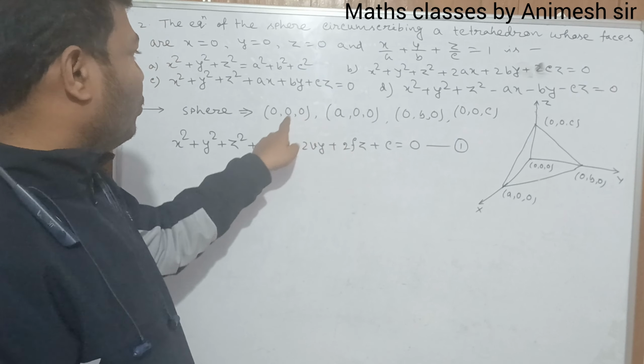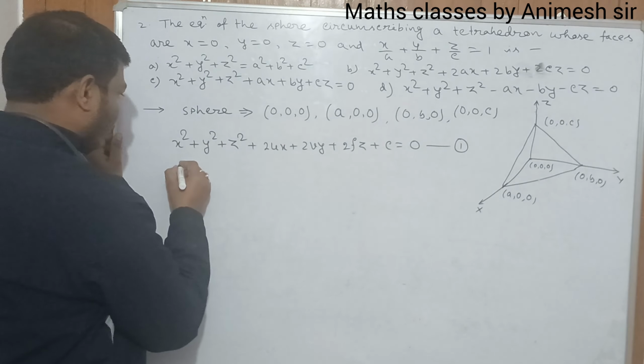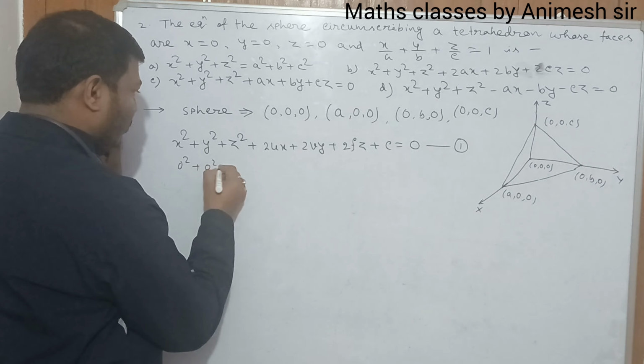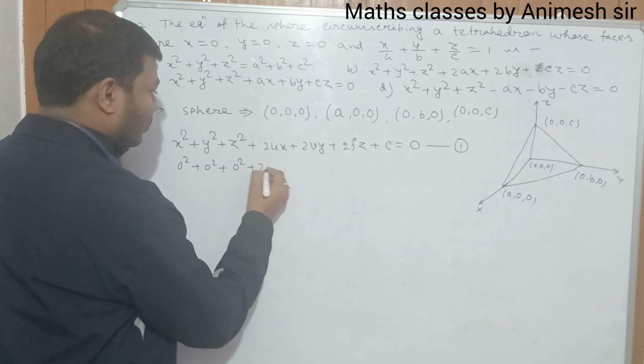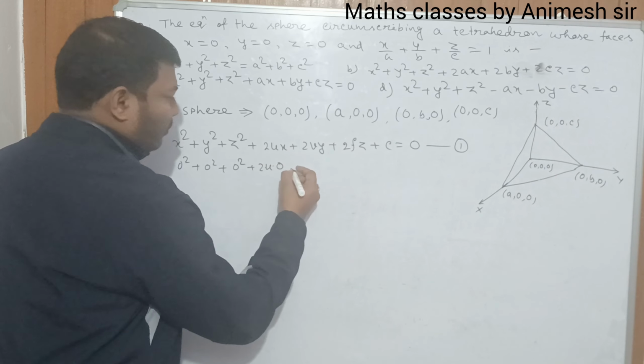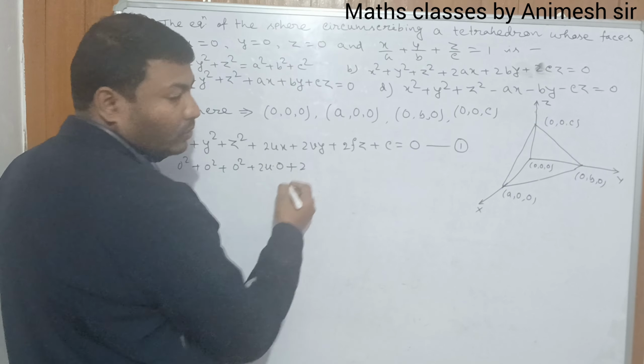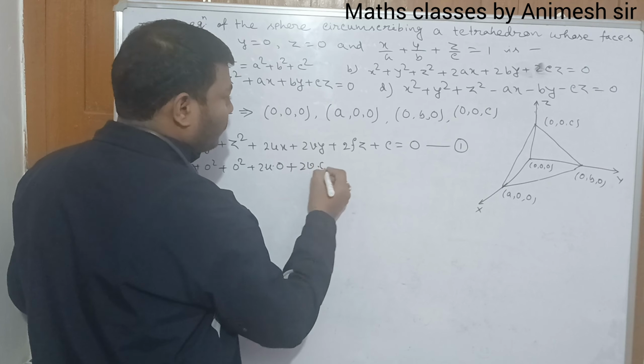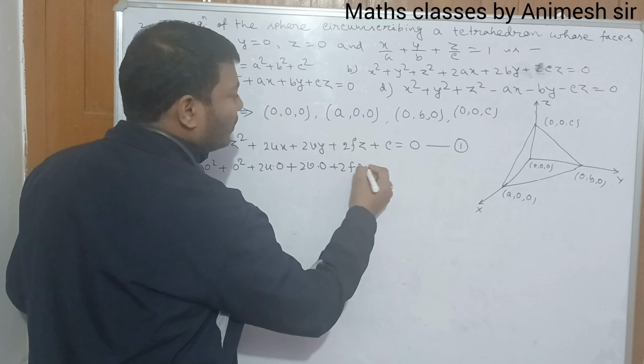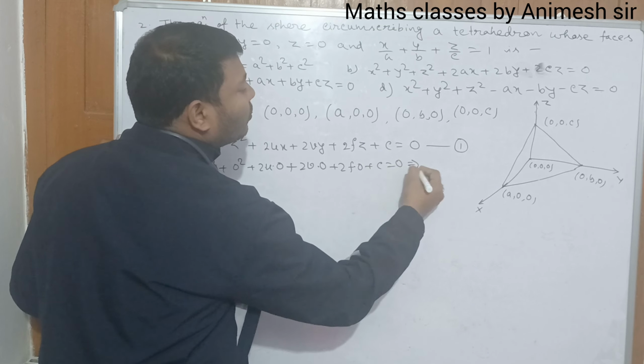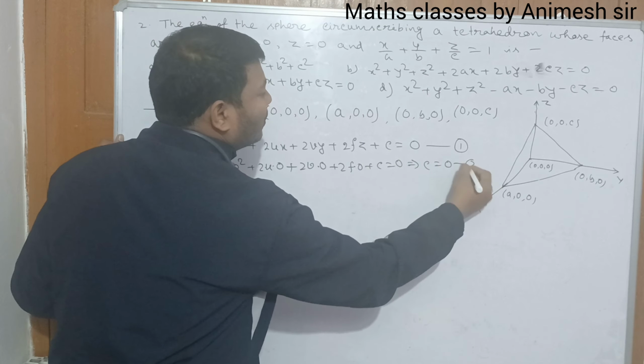Now it passes through 0, 0, 0. So this will be 0 square plus 0 square plus 0 square plus 2u into 0 plus 2v into 0 plus 2w into 0 plus d equals 0, which will give d equals 0.